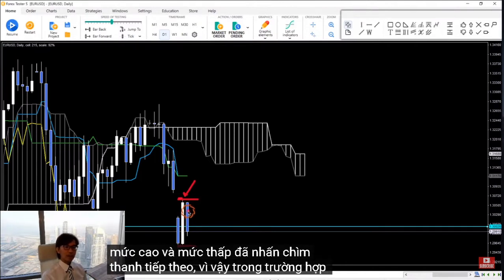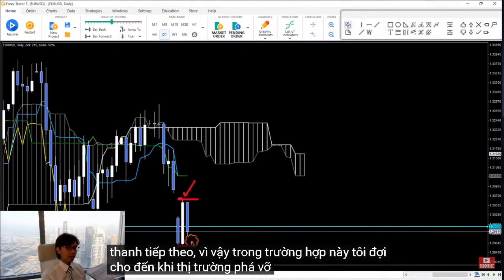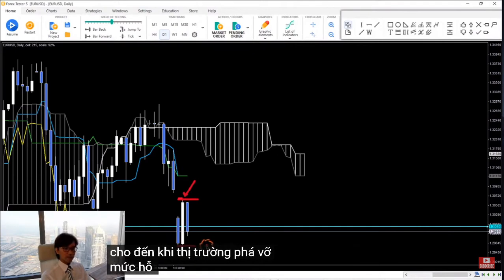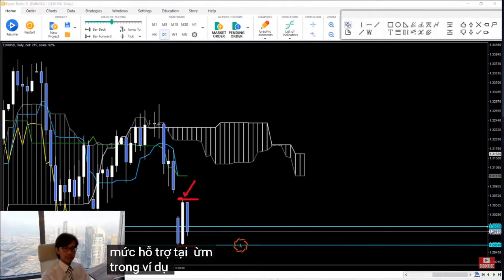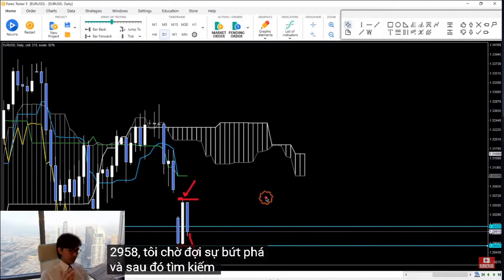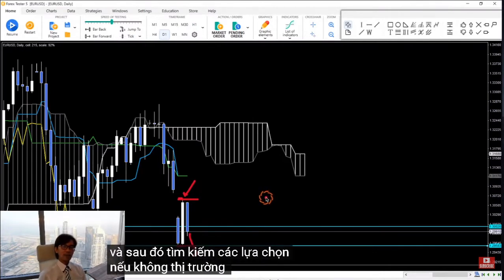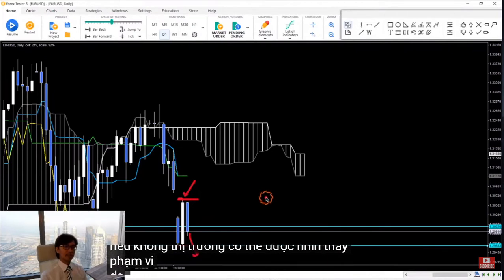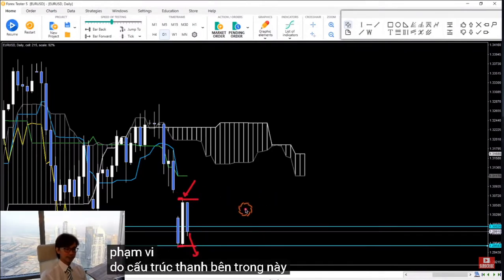So in this case, I wait until the market breaks the support level, in this example at around 1.2958. I wait for the breakout, and afterwards look for the sell chance. Otherwise, the market could still be in the range because of this inside bar structure.